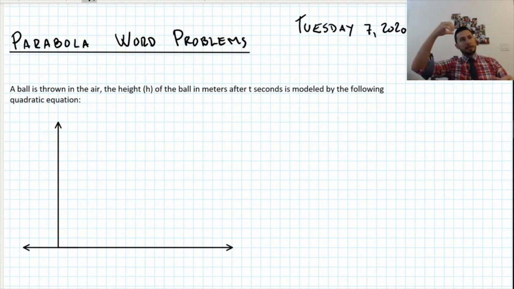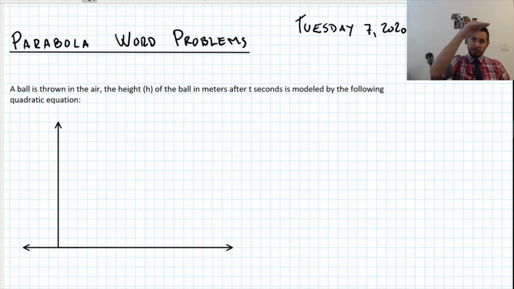Now we talked about this in class. If I'm throwing a ball, if a rocket is launching, if my income curve is positive, if my company is making some kind of profit, all of those images will look the same. All of those graphs will have the same outline, right?